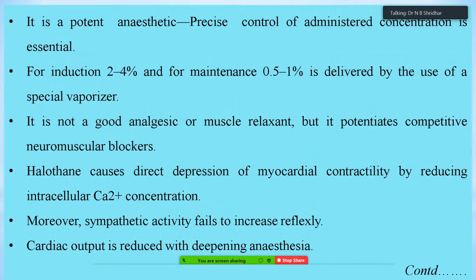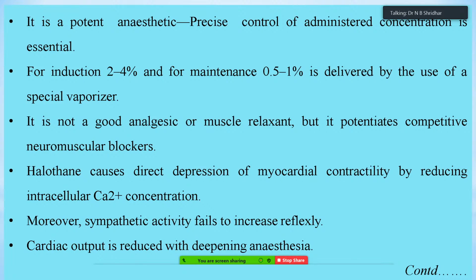Halothane, also known as fluothane, is a potent anesthetic, and precise control of the administered concentration is essential. For induction, just 2 to 4%, and for maintenance 0.5 to 1%, is delivered by the use of a closed system or special vaporizer. It is not a good analgesic or muscle relaxant, but it potentiates the competitive neuroblockers.